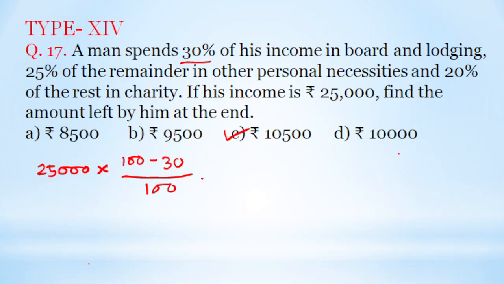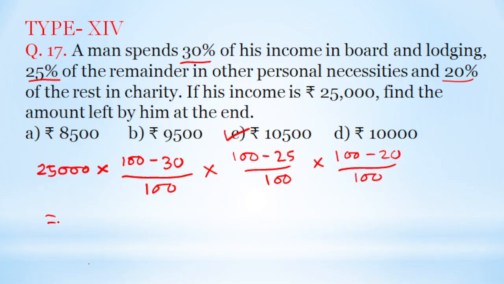Again, 25% of the remainder will be deducted from 100, so 100 minus 25 by 100. Again, this 20% will also be deducted, so 100 minus 20 by 100.